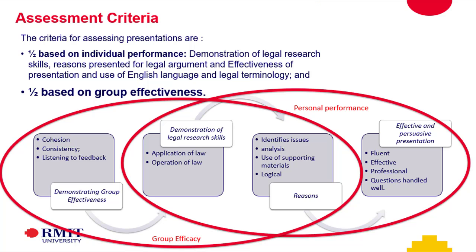So group effectiveness will also go to your presentation skills, because I'll be looking for something that looks consistent, that looks like it's been worked out by a group, and that you're not just equally weighting things because that's each person taking their 25% in a group of 4.